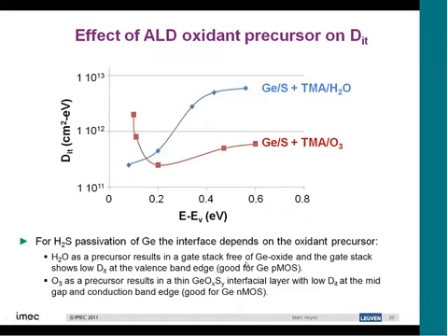The reason is that in one case, with water as a precursor, we end up with a gate stack which is free of germanium oxide, and we get a DIT profile which is good for PMOS devices. With ozone as a precursor, we make germanium oxide sulfur kind of layers that give a low DIT in the middle of the band gap and close to the conduction band, which is good for NMOS devices.